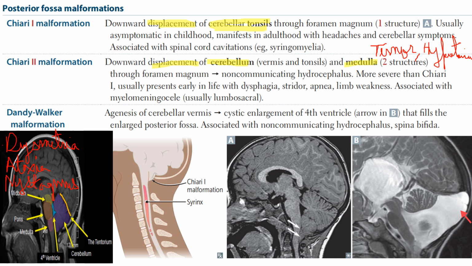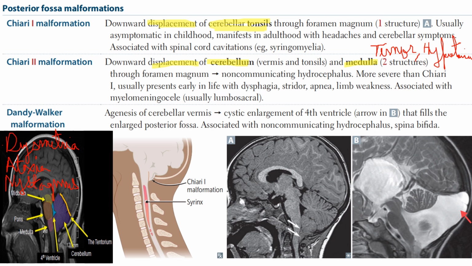One more thing we can see here is that in the cerebellar displacement in Chiari I, we only had the tonsils displaced, but here we have the vermis and the tonsils both displaced, and then we have the medulla. So that's how it's going to make two structures.